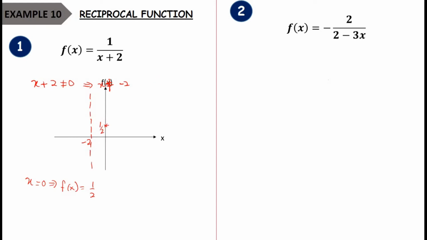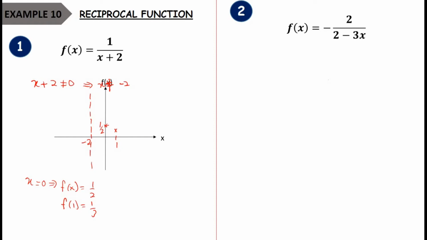So, how to sketch the graph? If you still cannot imagine how the graph looks like, you can substitute, let's say, x is equal to 1. So when x is equal to 1, then you have f of 1 is 1 over 3. So it's lower down. Let's say this is 1, so it should be lower down.